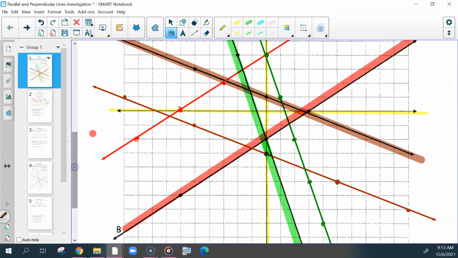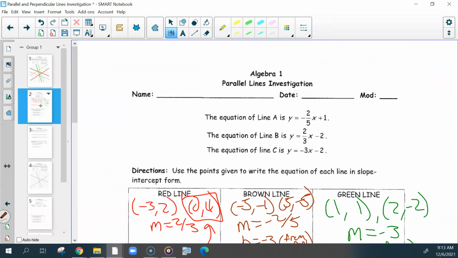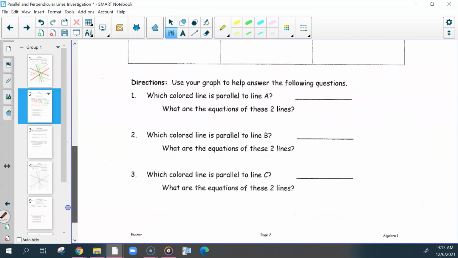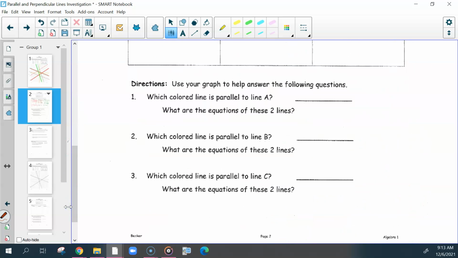So the answers to that next page: the one that's parallel to line A would be the brown line, and it wants you to write the two equations. So you would write the equation of line A and the equation of the brown line.